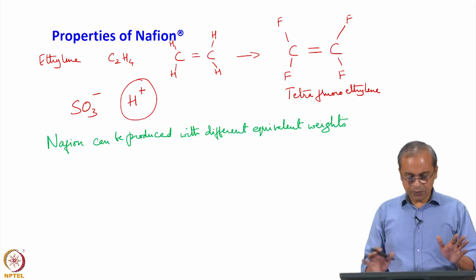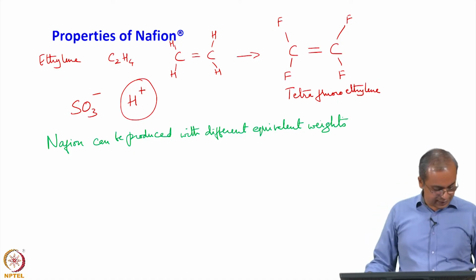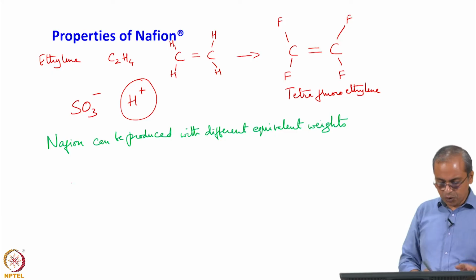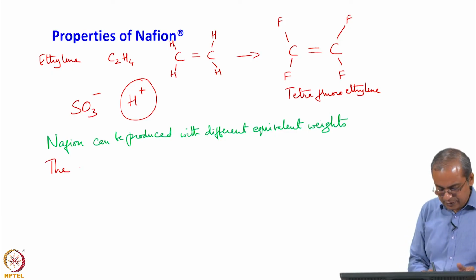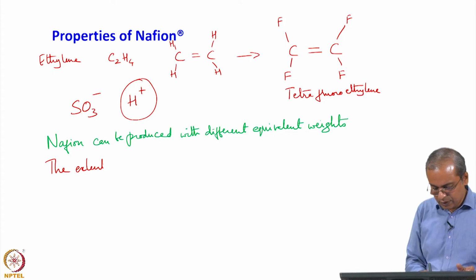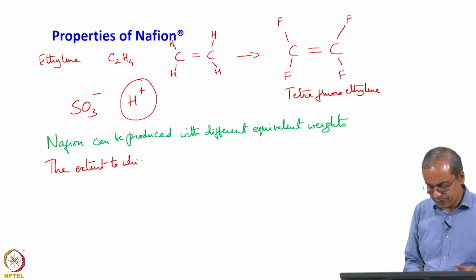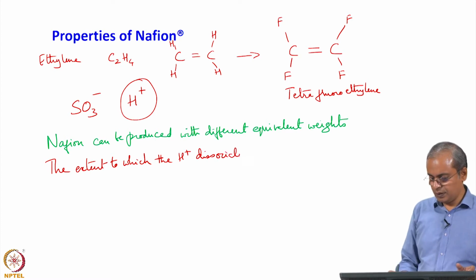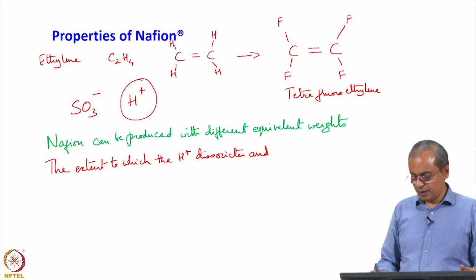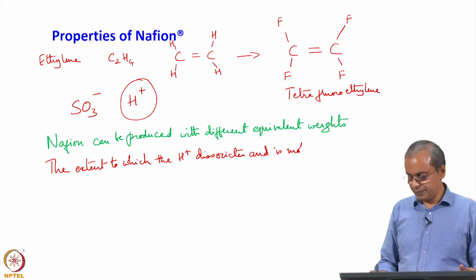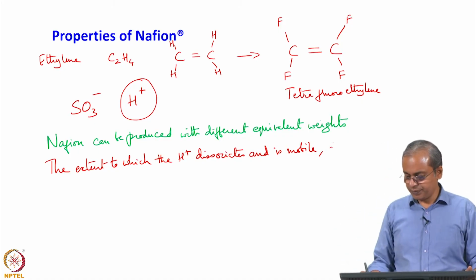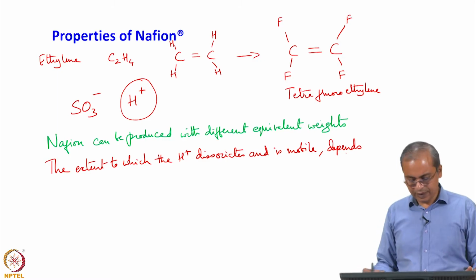Now, this is what it is, and also the behavior of Nafion is very sensitive to water. So, the extent to which the H plus dissociates and is mobile, in the sense that it can actually move along the polymer, depends significantly on the presence of water.